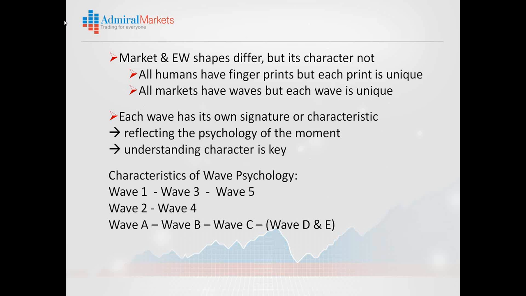So the characteristics now of this wave psychology are as follows. Wave 1 is typically an impulse. You're already, for example, in a trend in the opposite direction. It's maybe been going on for a while, and normally on the news you typically hear that this trend will last forever, stuff like that.